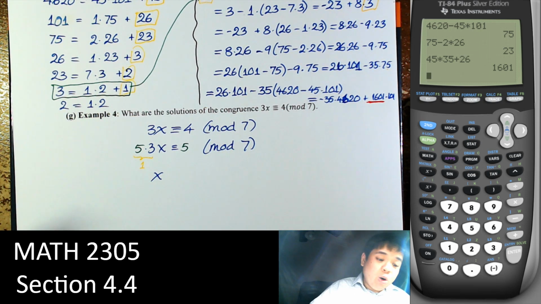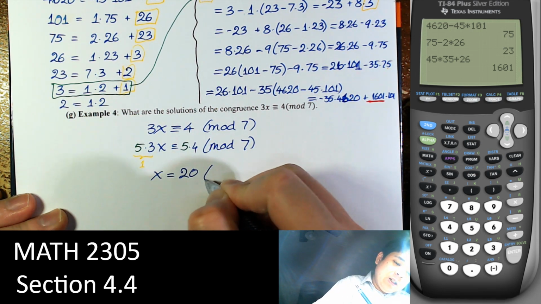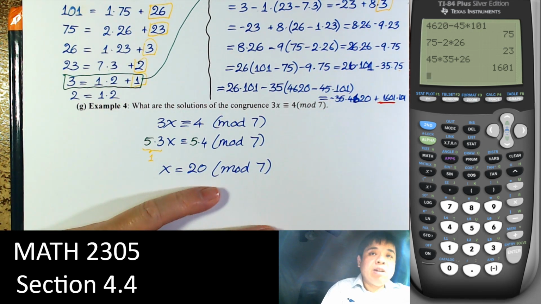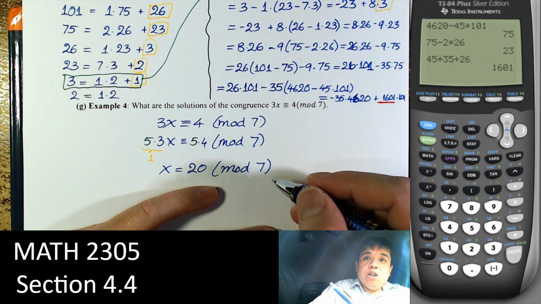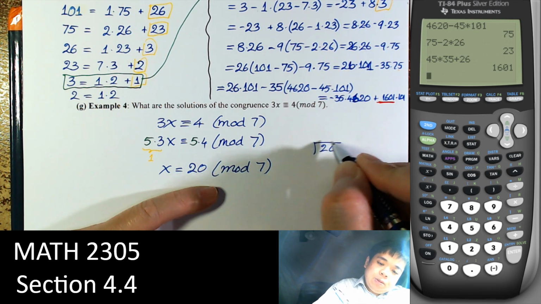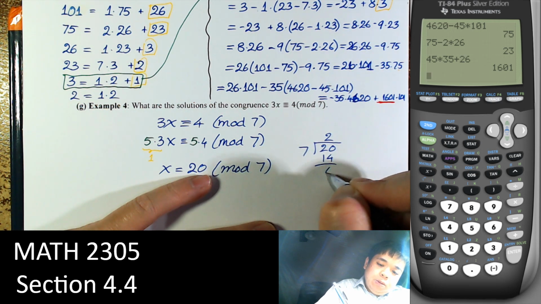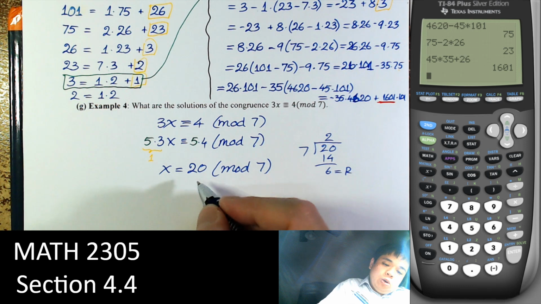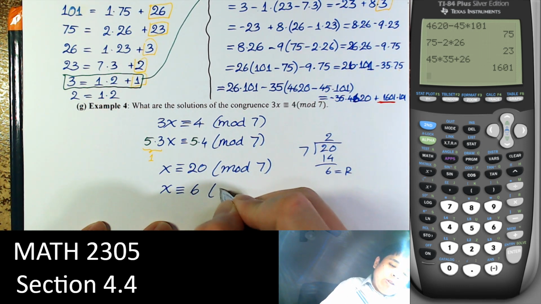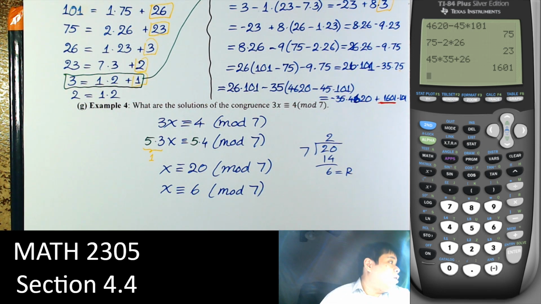Then we multiply 4 on both sides, right? 20 mod 7. Right, 20 divided by 7 is easy. The remainder is 6, right? So this is just x is congruent to 6 mod 7. So in that case x could be a lot of things.